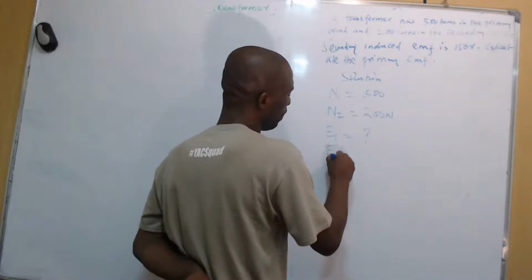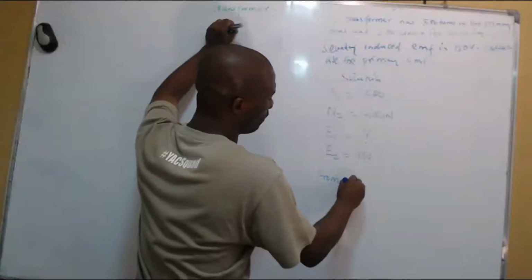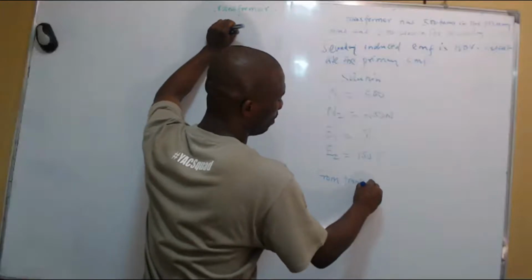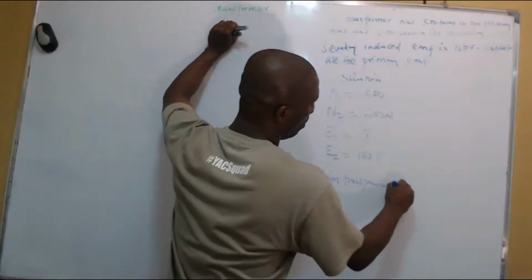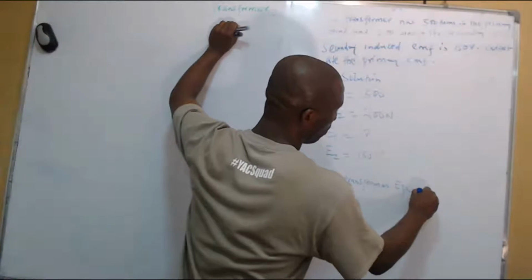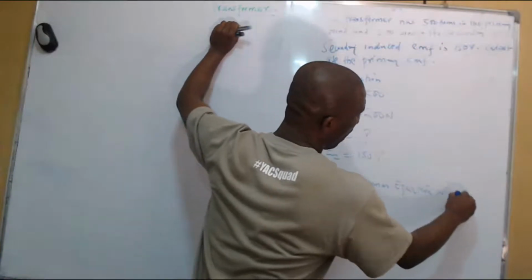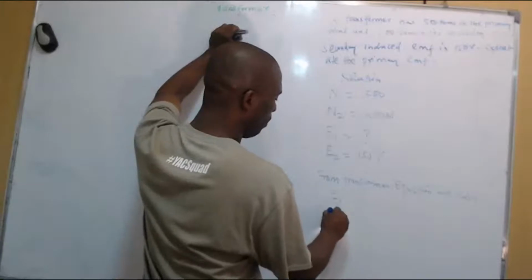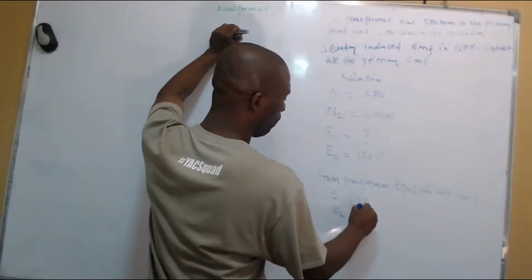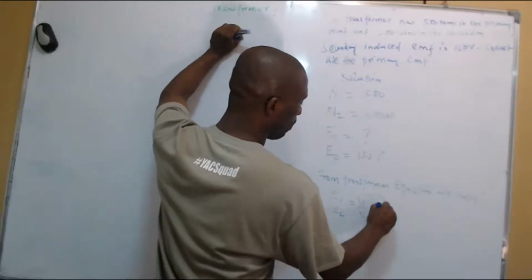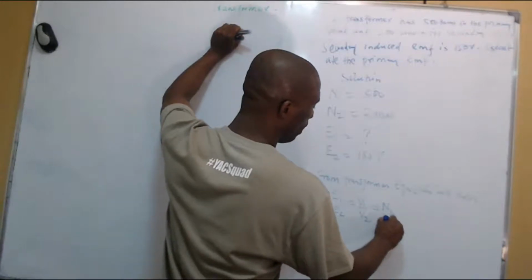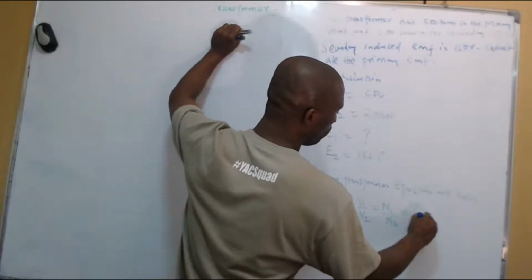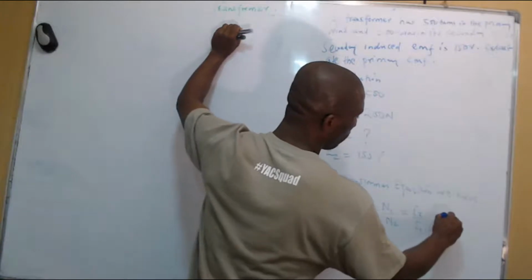From the transformer equation, we have E1 over E2 equal to V1 over V2 equal to N1 over N2 and equal to I2 over I1 and equal to K.